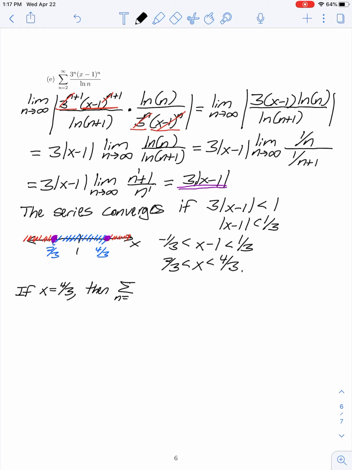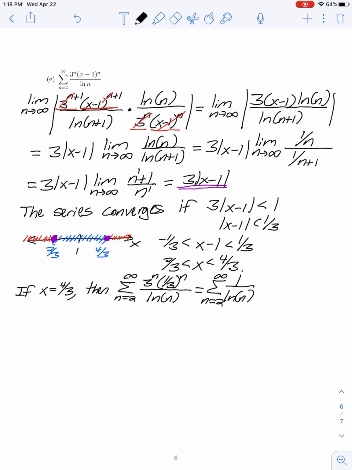We have the sum from 2 to infinity of 3 to the n times, if x is 4/3, then x minus 1 is 1/3, to the nth over the natural log of n. So this becomes the sum from 2 to infinity of 1 over the natural log of n.